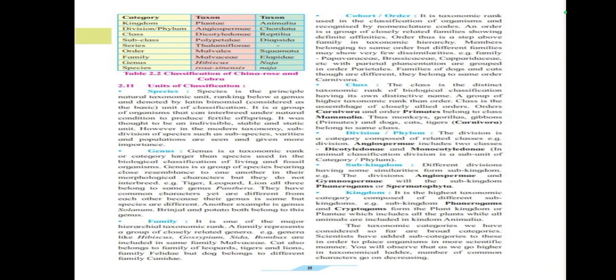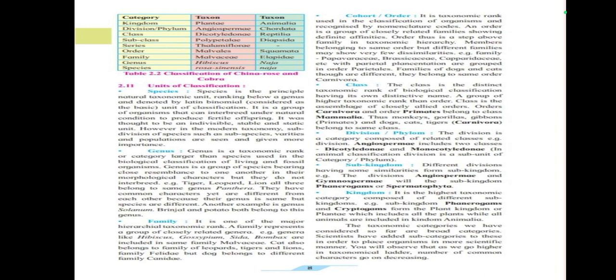Order is a taxonomic rank used in the classification of organisms and recognized by nomenclature codes. An order is a group of closely related families showing definite affinities. Order thus is the step above family in the taxonomic hierarchy.